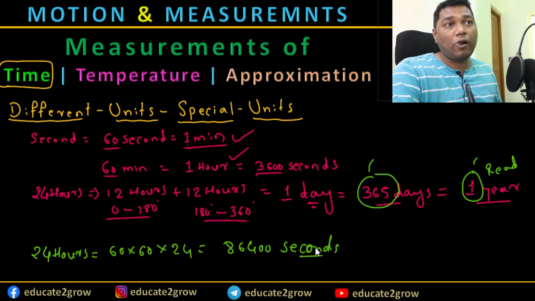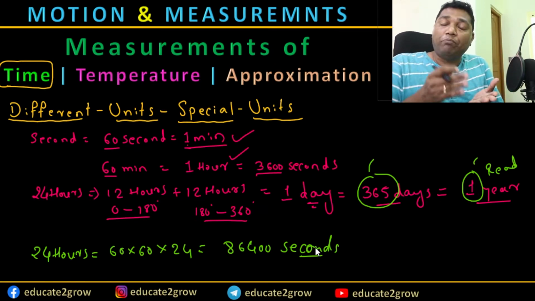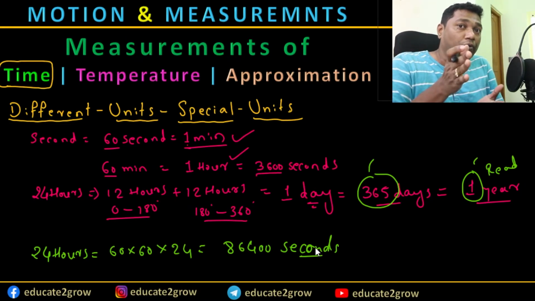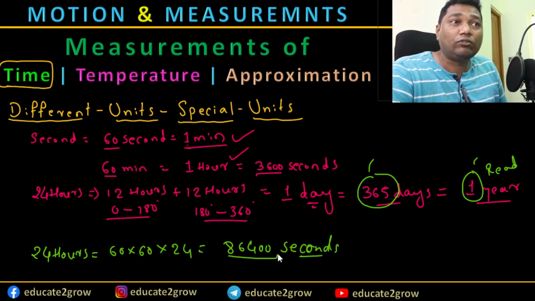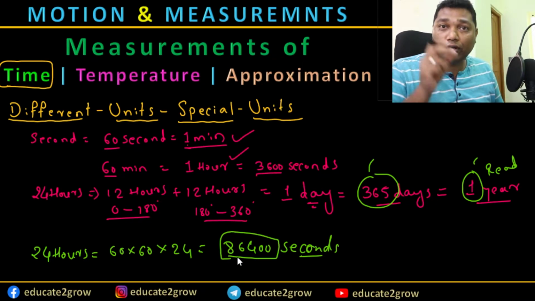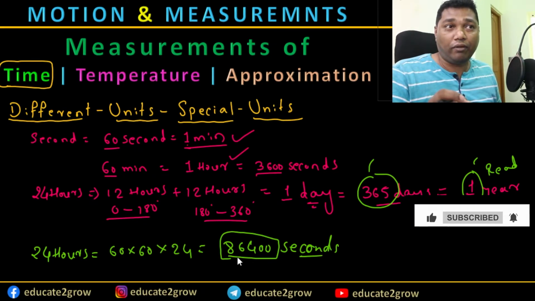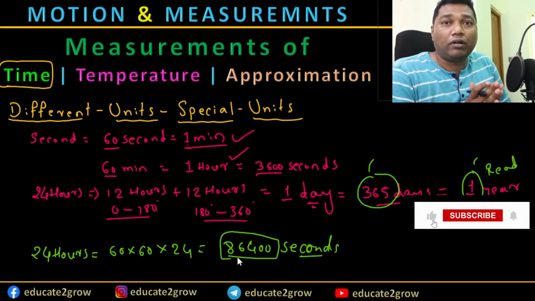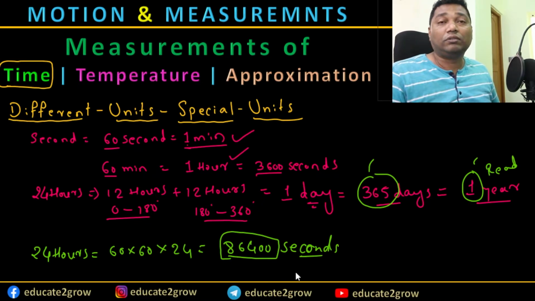It means the moment you start counting 1, 2, 3 and keep counting until the same time the next day, your count will end at 86,400. It means you have completed 1 day. That is how it is calculated as 24 hours. And this is a special unit.